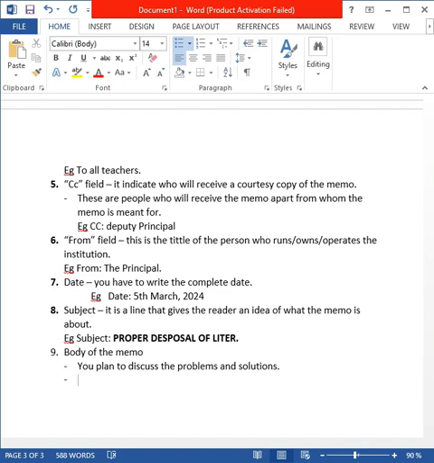Then number 2, you introduce the problem in the first paragraph.